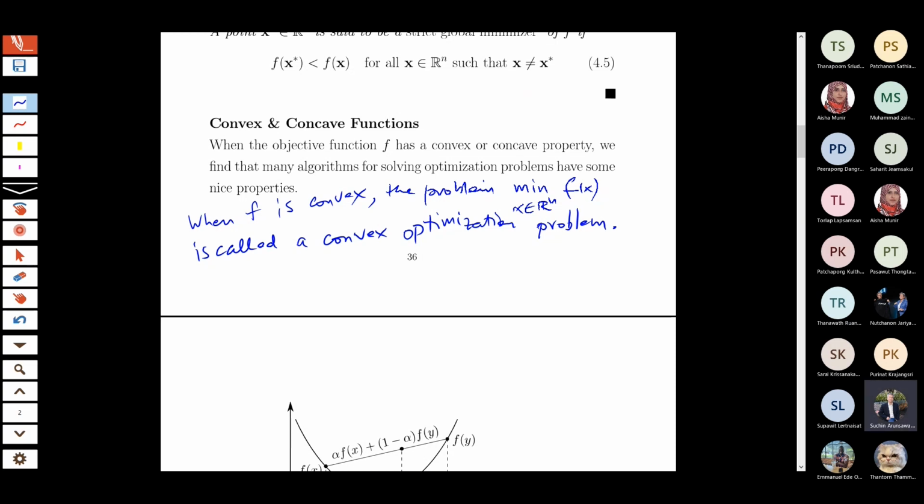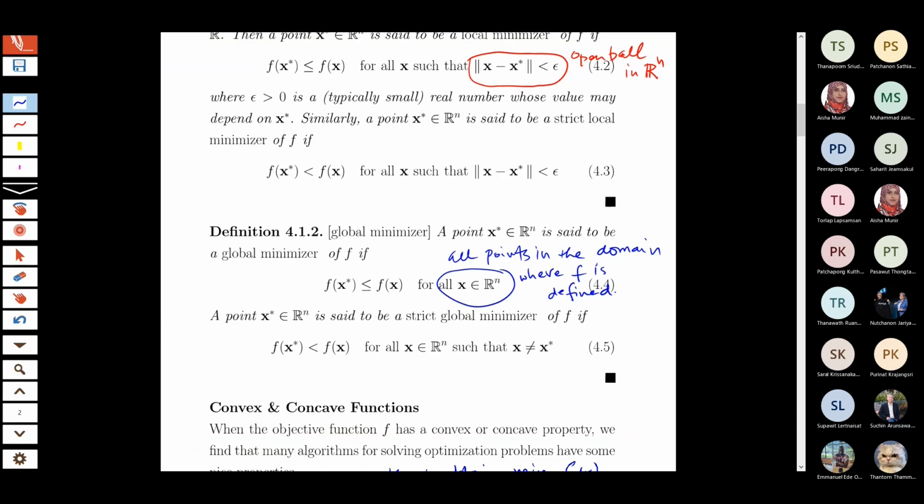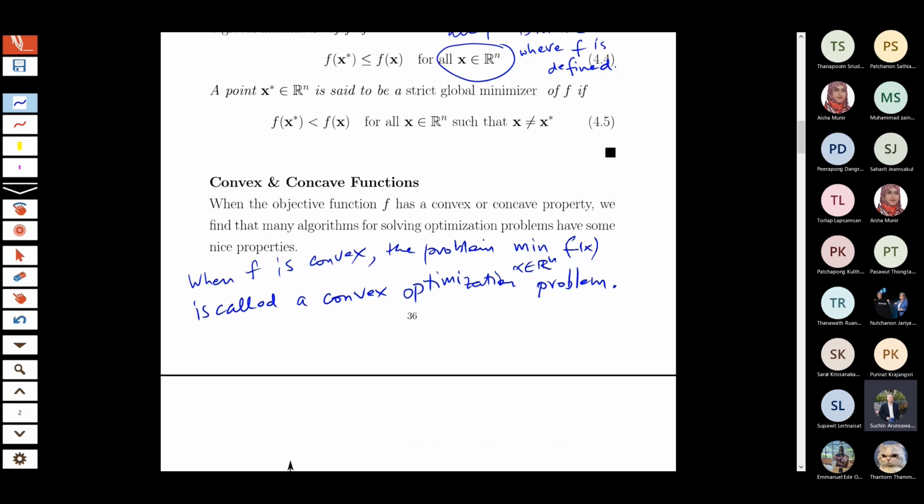That means any local minimizer is a global minimizer of the problem. When the optimization problem is non-convex, then we may have many local minimums.